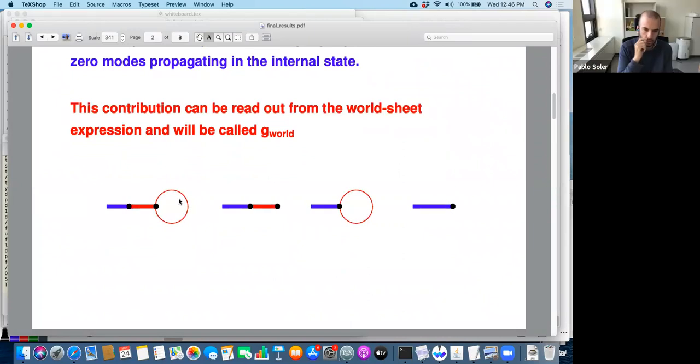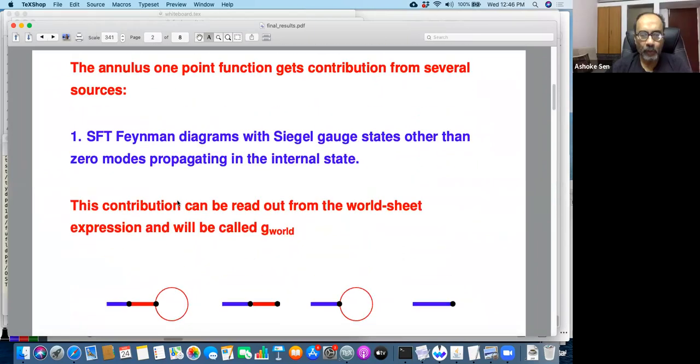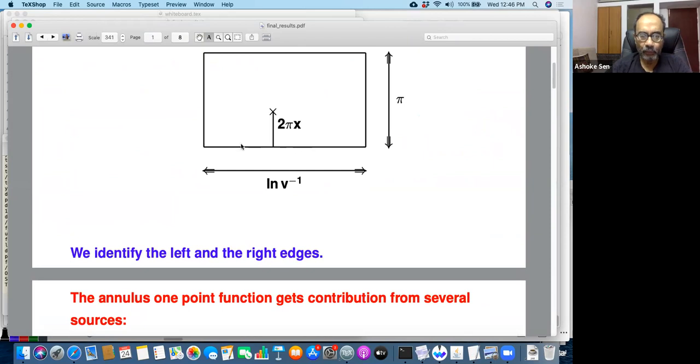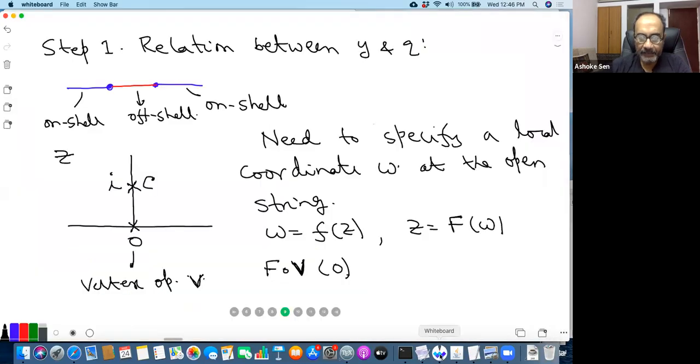Yeah. So what happens is that, for example, as v goes to 1, this one collapses. So that's a divergence. As v goes to 1, that's a closed string channel, in fact, right? Because you can say as v goes to 1, this becomes 0, right? So that becomes a thin cylinder.